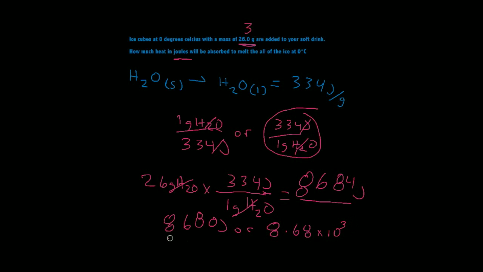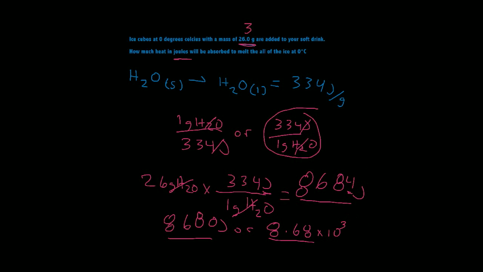Either one of those two ways would be correct to the correct amount of significant figures. So this 4 isn't really significant, so you would just round that down to 0. Anyway, I hope that didn't confuse you too bad.